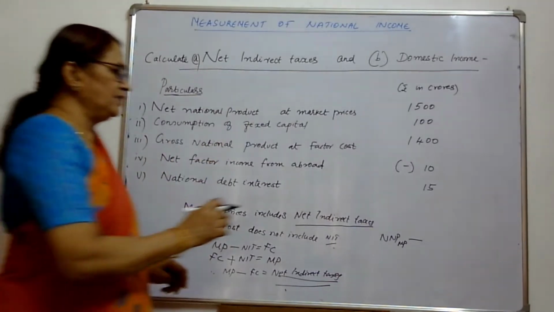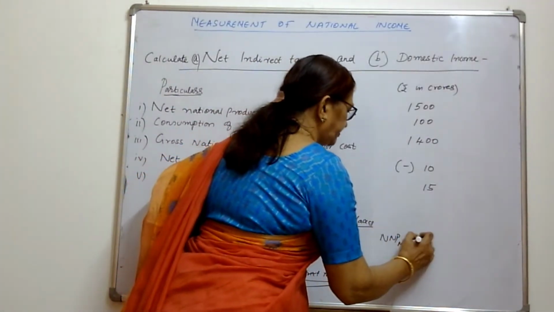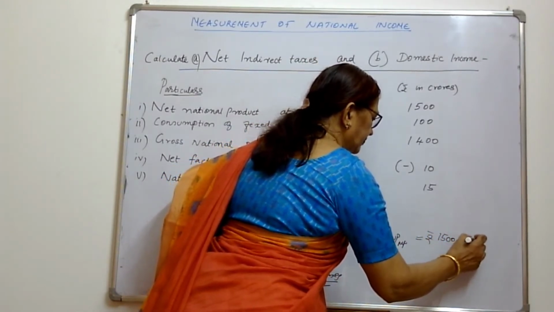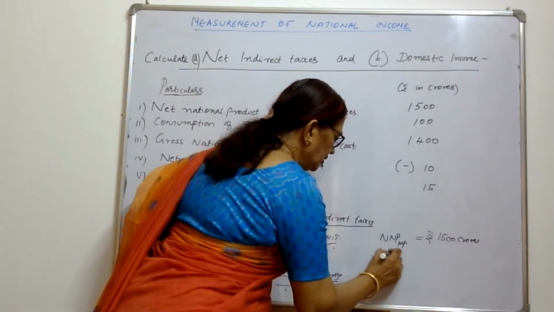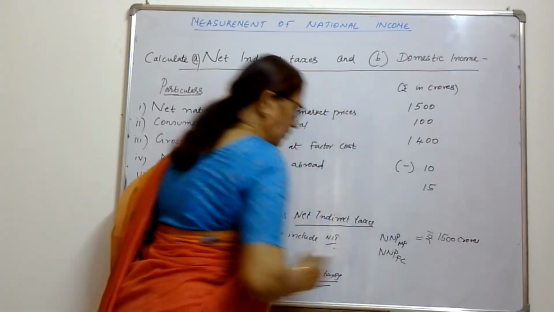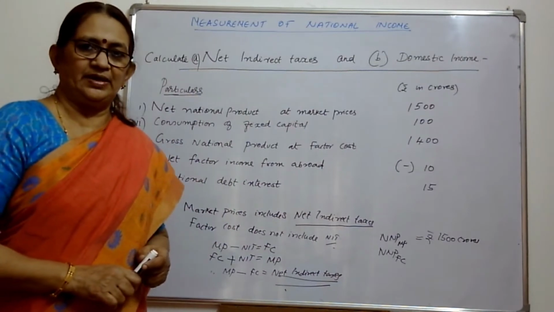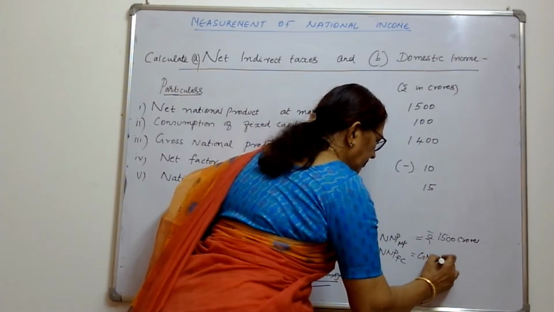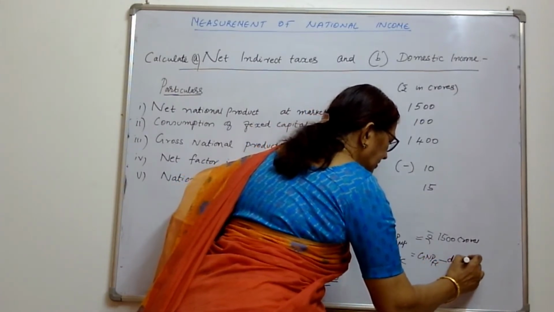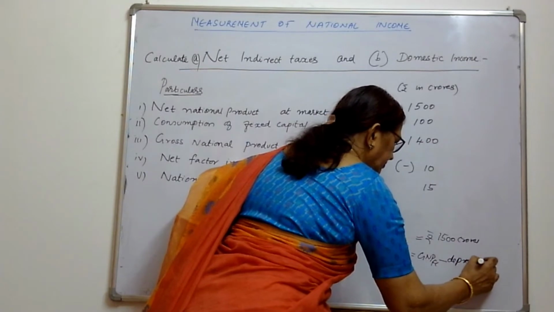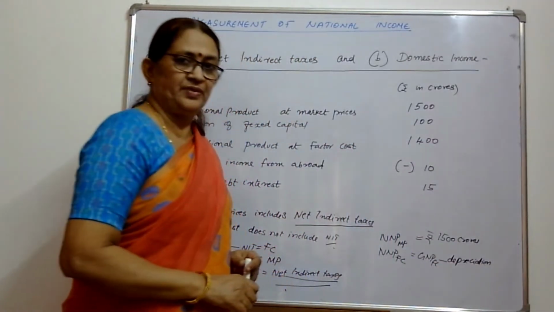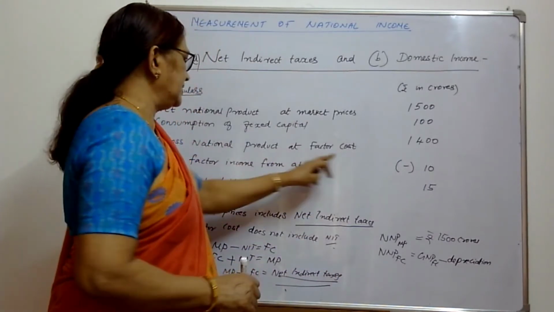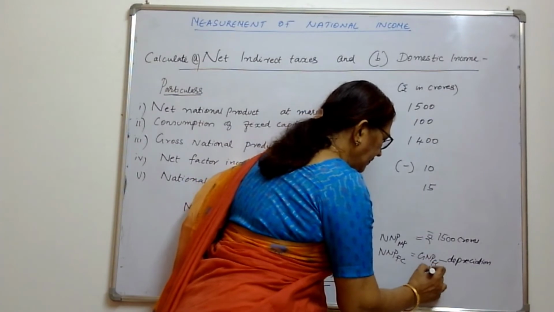So NNP at market price is equal to rupees 1500 crores. Next, we should know what is NNP at factor cost. NNP at factor cost is equal to GNP at factor cost minus depreciation. So GNP at factor cost is equal to 1400.